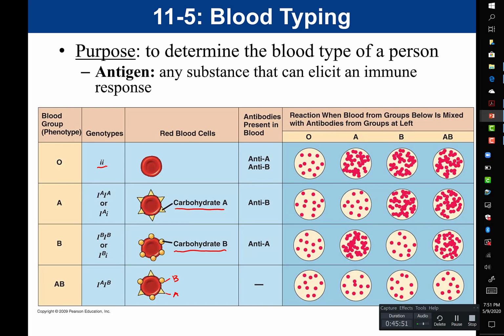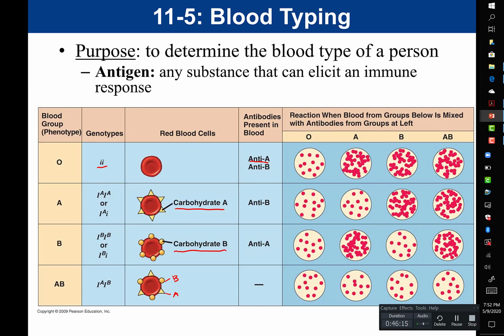So what that means is that if I am type O blood, I don't make A carbohydrates on my blood. So my body is going to make anti-A antibodies, because if I'm O, my body sees A as being foreign.